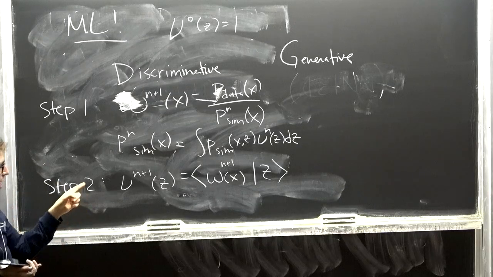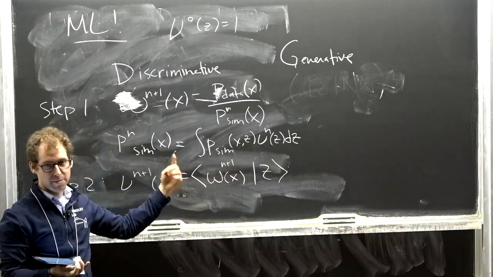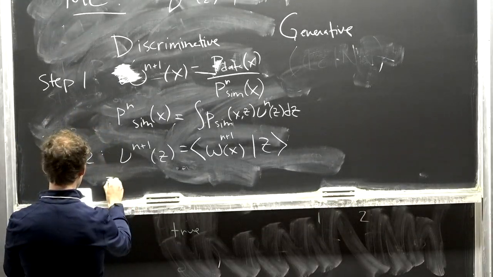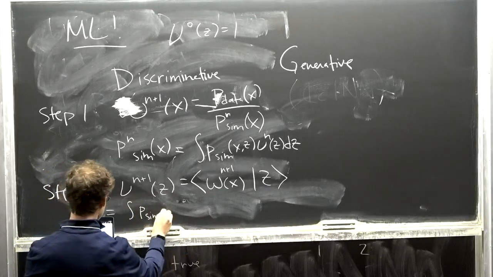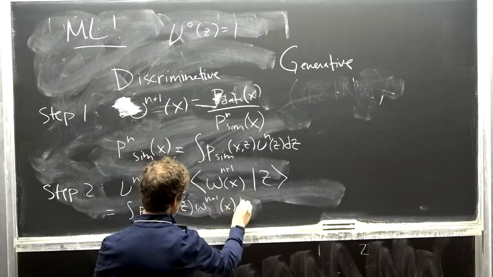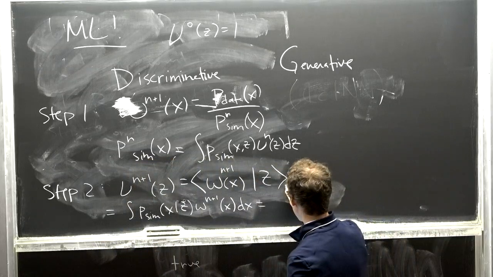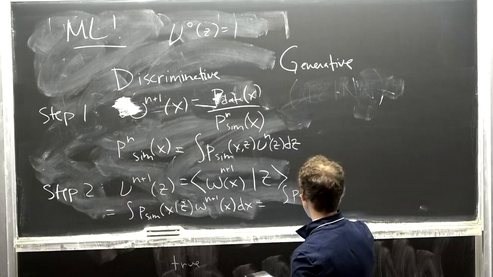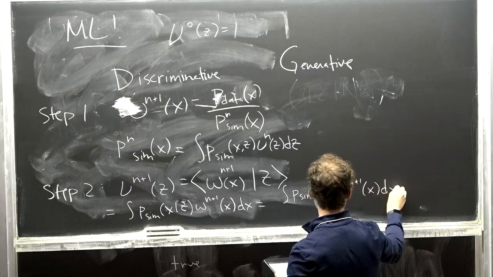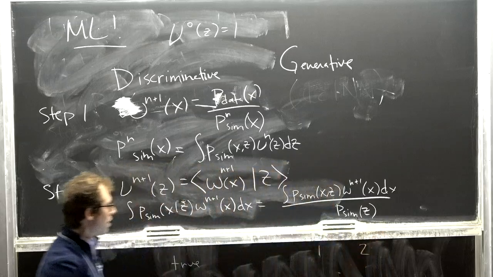And so we just take the average. We say for a given point in phase space z, you take the average over all the w(x)'s you get at that phase space point, which is exactly the integral of p_sim of x given z_{n+1}.